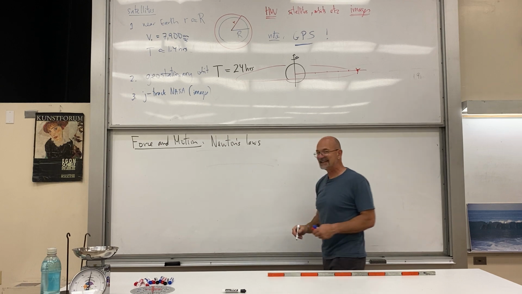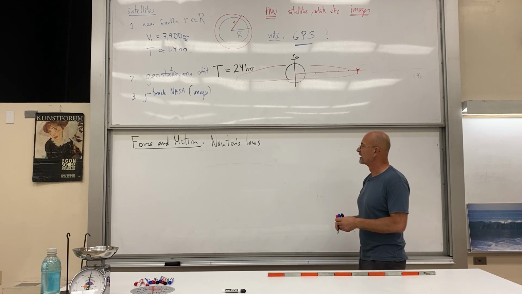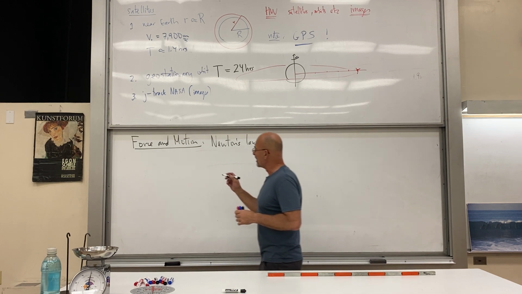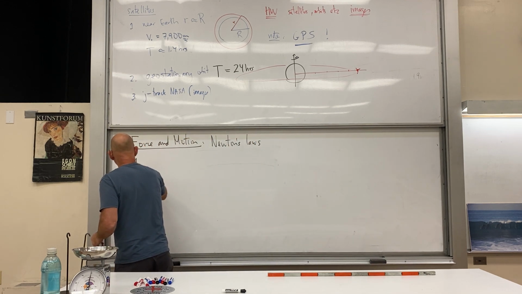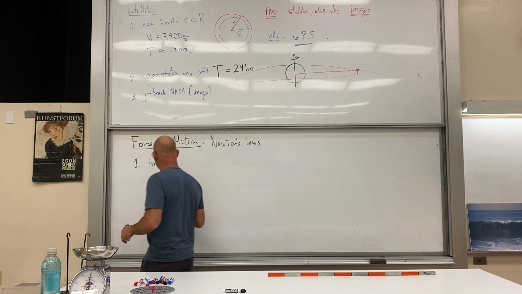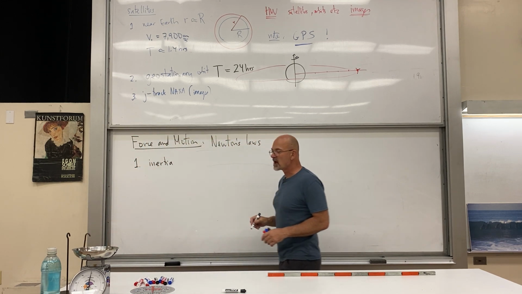Formulated in the late 1600s, a long time ago. Okay, there are three important laws. The first one I'm just going to do quickly. First one is the law of inertia.